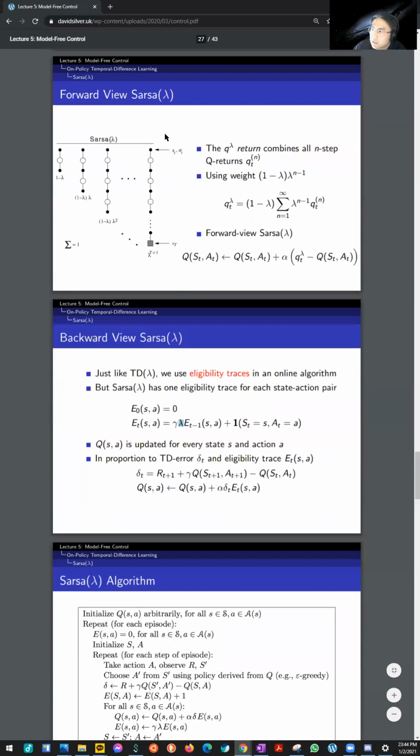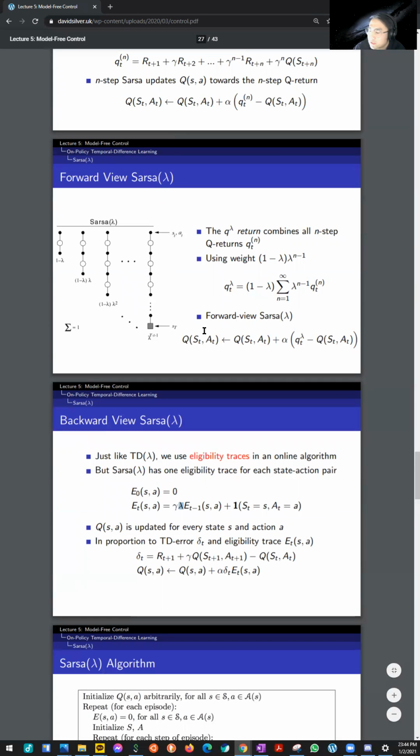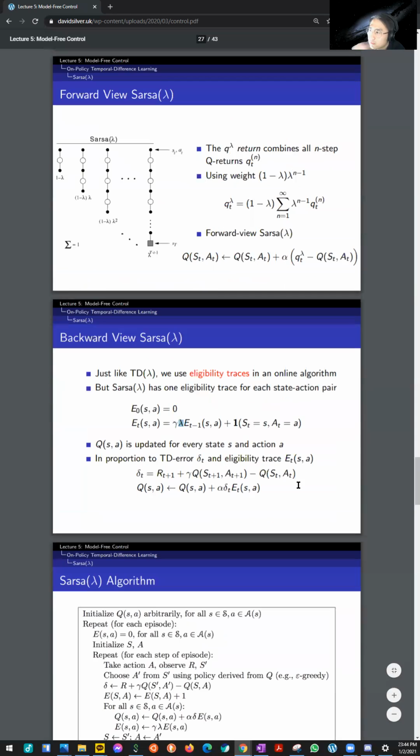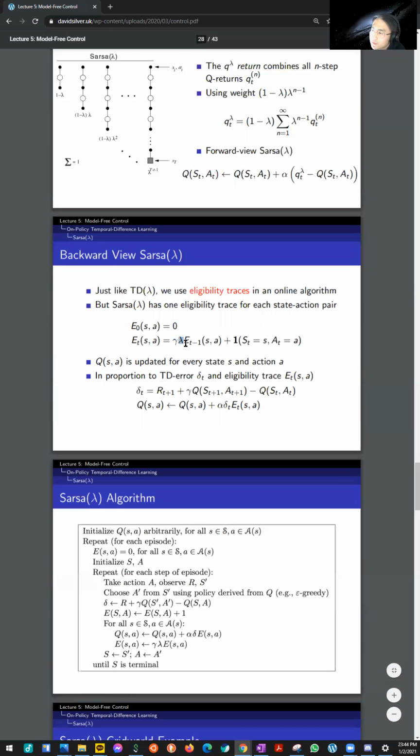So this lambda assigns some weight to each state-action pair, you can think of it as that kind of factor. And then we're discounting all of the eligibility traces.